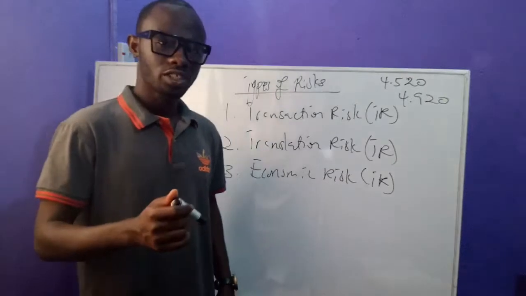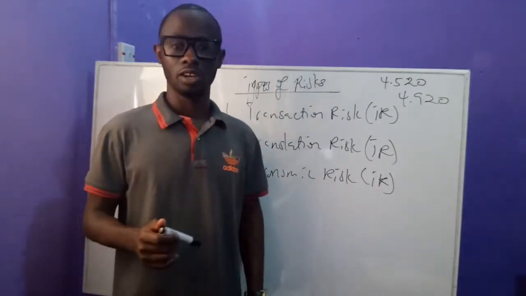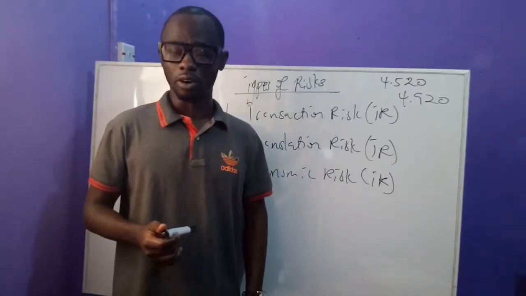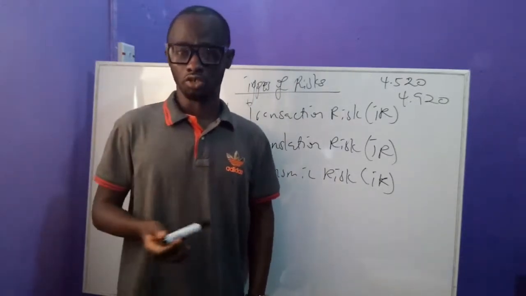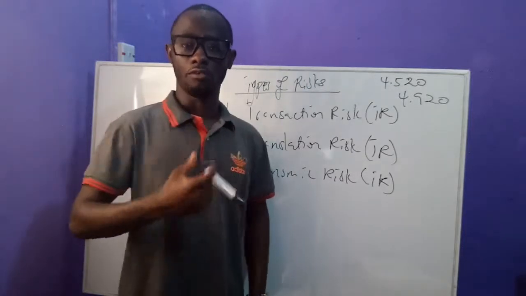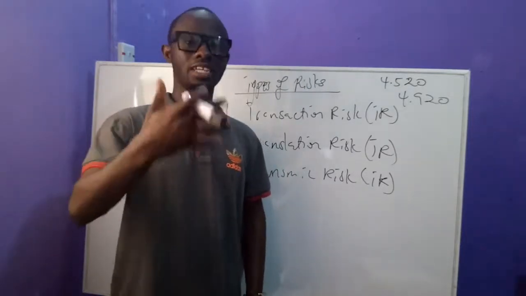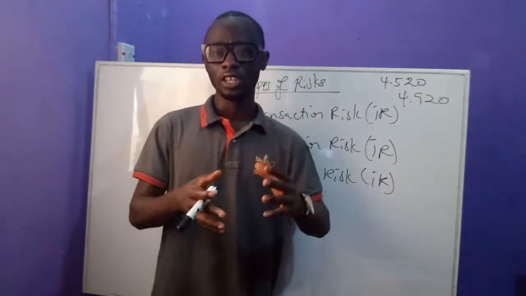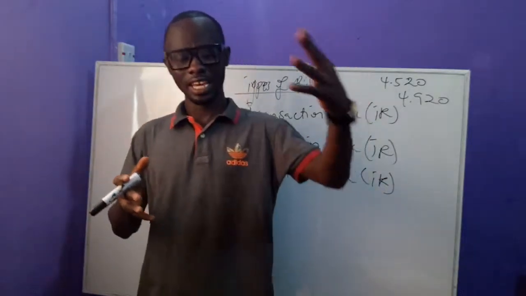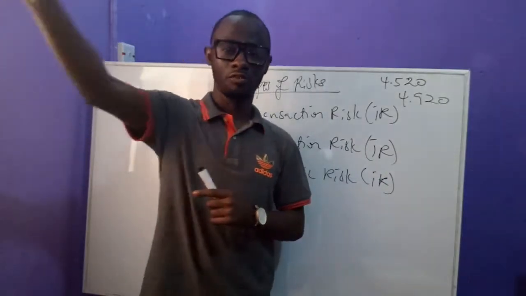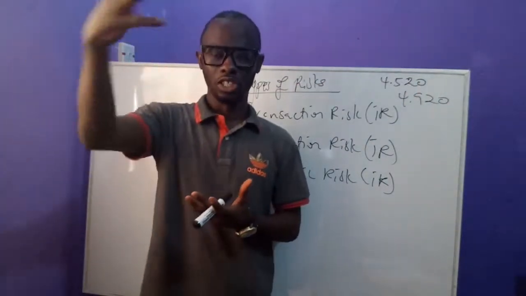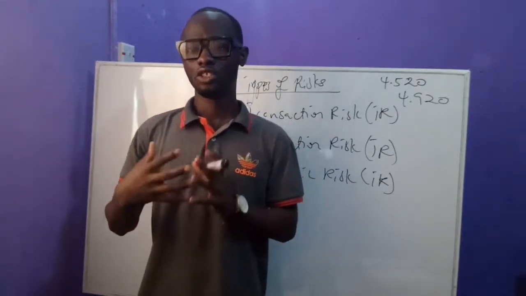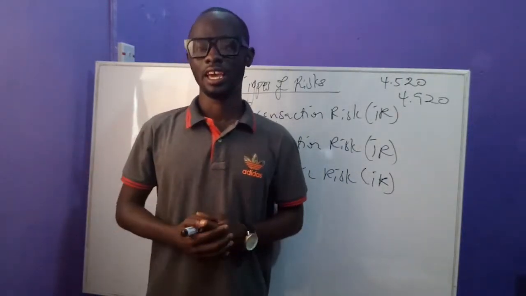Now the translation risk can also be referred to as accounting risk. This is what you did when you were doing corporate reporting and you were looking at group structure and considering foreign subsidiaries. You realize that translation risk is the same as accounting risk. It is the risk that when we translate the foreign subsidiary's accounts into the domestic accounts of the parent company, there is going to be a negative movement in the currencies.